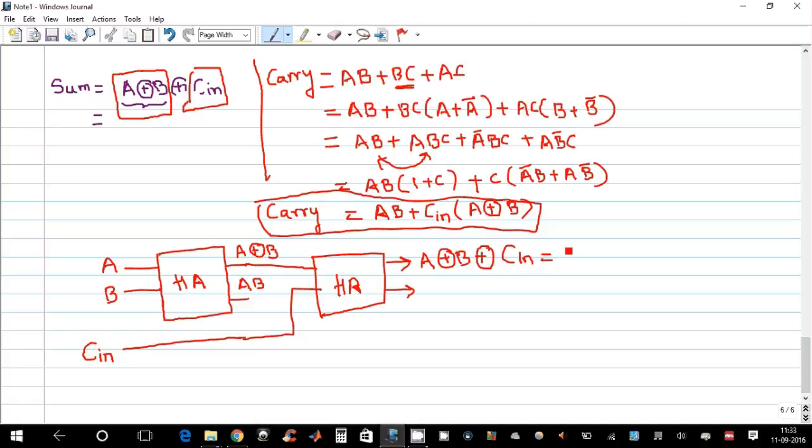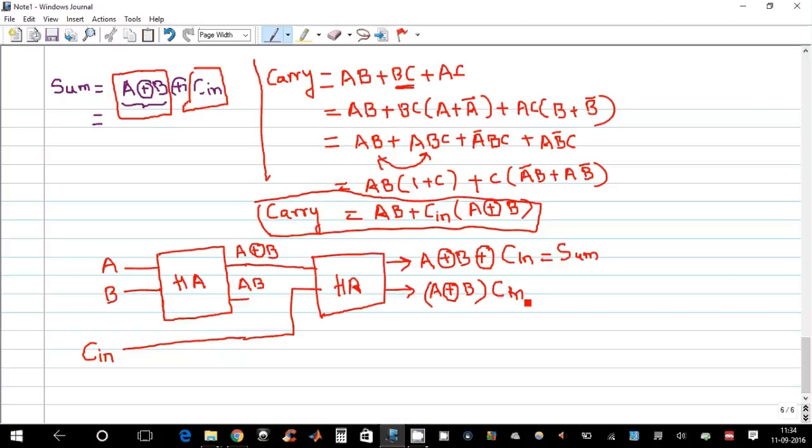So this is our sum expression as we have got. Now you can see this half adder is receiving two inputs, C in along with A XOR B. So the AND operation of this half adder will result in A XOR B into the C in.